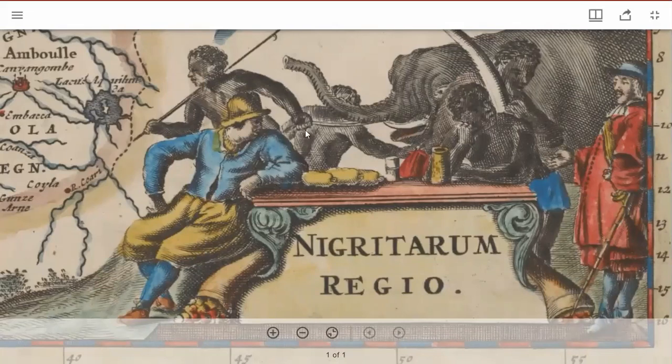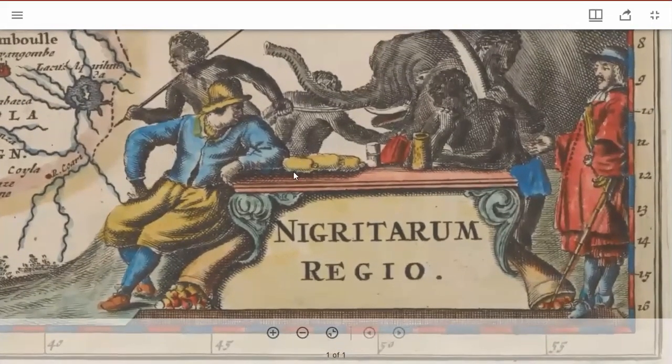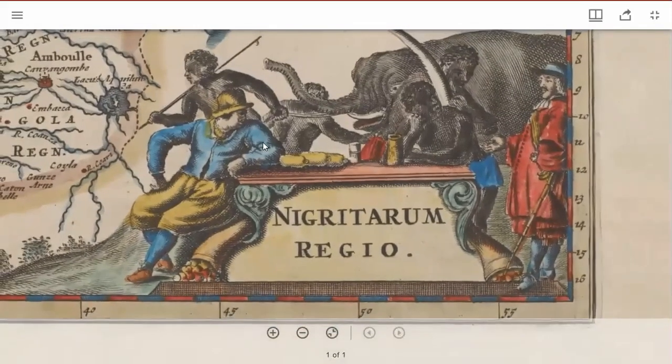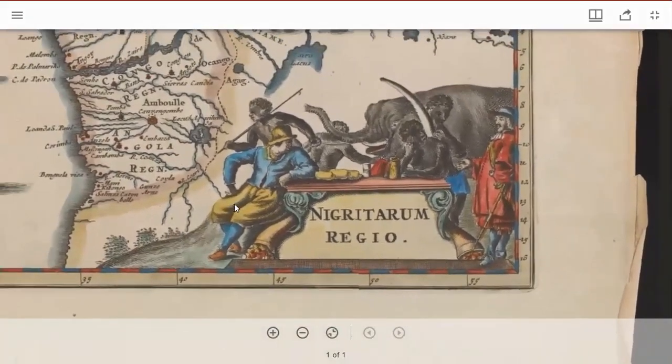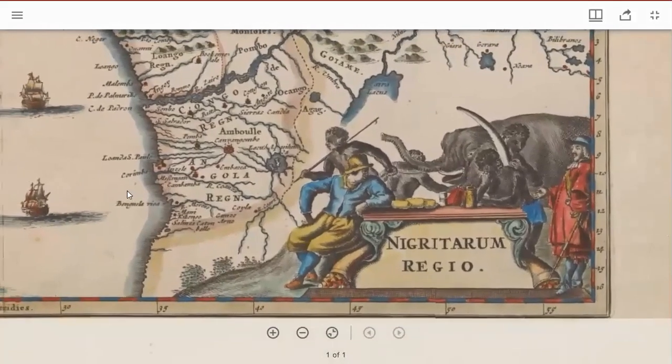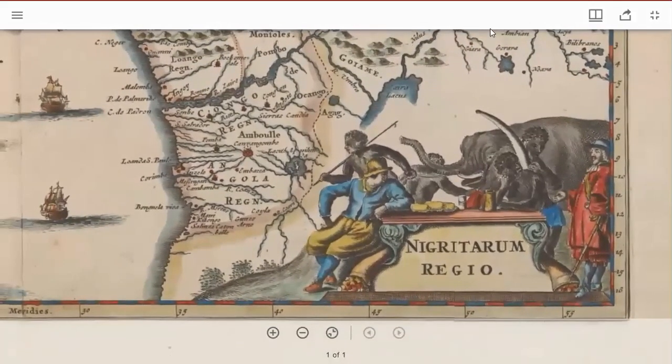It's not at all clear that elephants in Africa were ever domesticated to the extent that they were in India and Asia more generally. The Dutch were in constant commerce with East Asia and often represented things on African maps that really only existed in Asia. But that in itself is something of considerable interest for historians of the period.